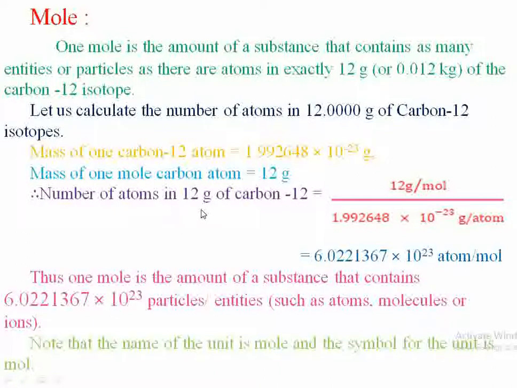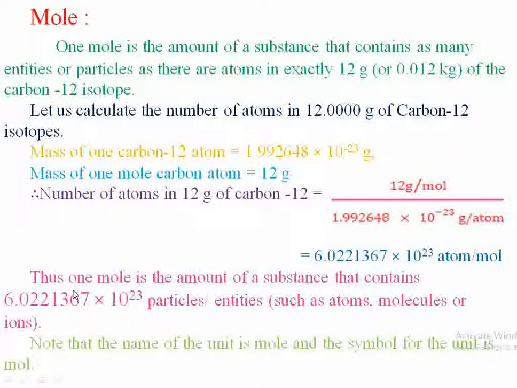Therefore, the number of atoms in 12 grams of carbon-12 equals 12 grams per mole divided by 1.992648 × 10^-23 grams per atom, which is equal to 6.0221367 × 10^23 atoms per mole, and this number is called Avogadro's number.